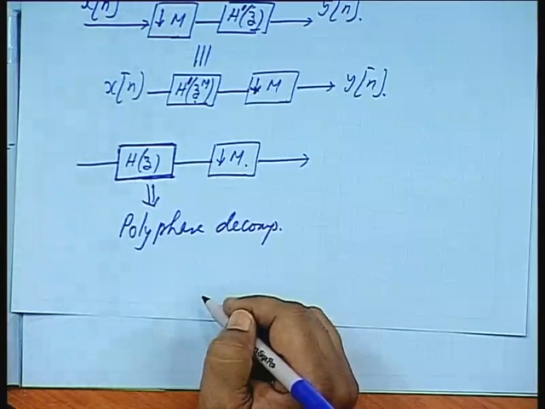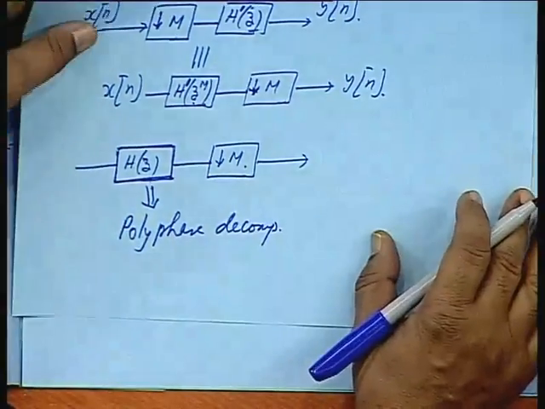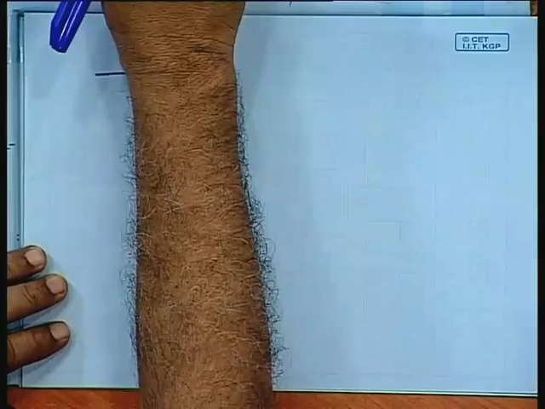Okay. So, if we decompose Hz, it will look like this. Just now we have seen the decomposition, the earlier one. Anyway, we will have it here.